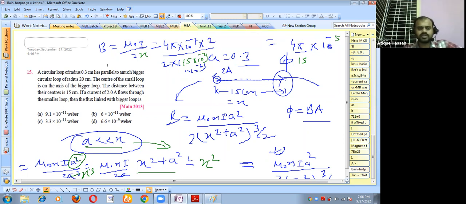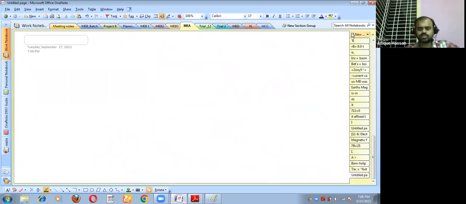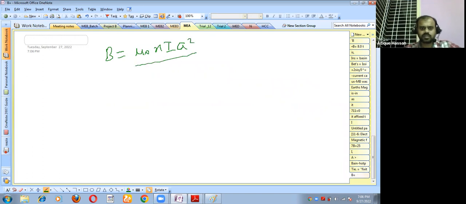The power of a has been reduced, so it will remain in the numerator, because we had taken a in the denominator. So now the expression for magnetic field will be mu naught n I a square by 2 x cube, right? This will be the expression for magnetic field. Getting my point?